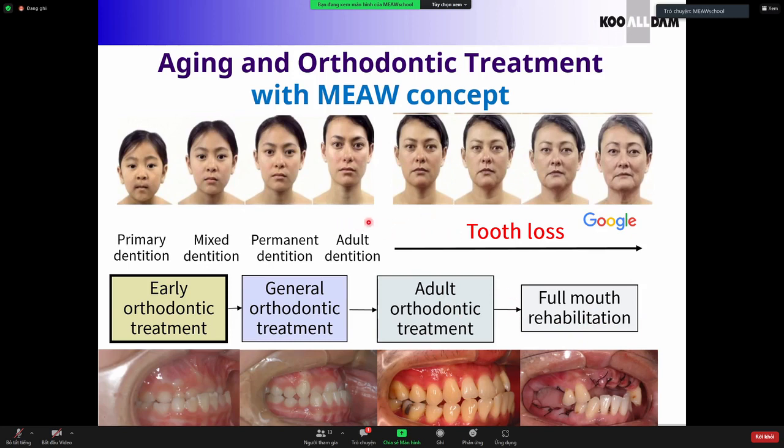We can apply the Mu concept to whole dentition. However, the new concept is something different from conventional orthodontics. So during this course, we focus on the early orthodontic treatment.